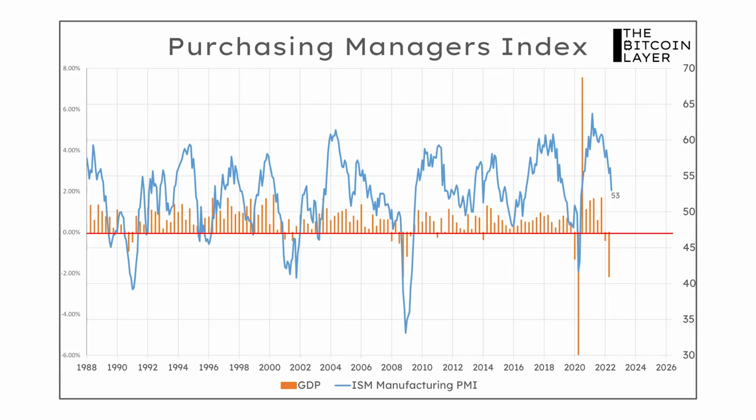And these PMI surveys use the number 50 as a midline. This is a way for them to show us how the economy is behaving. Readings above 50 mean that the economy is expanding. Readings above 50 mean that the answers to the questions were, I'm hiring more people this month than last month. I am getting more new orders this month than last month.